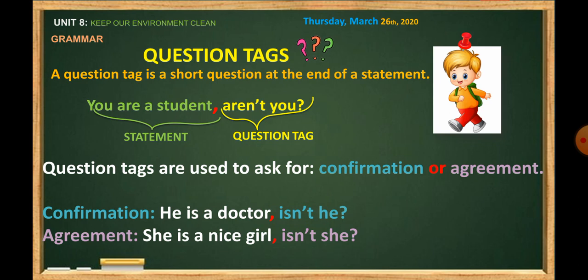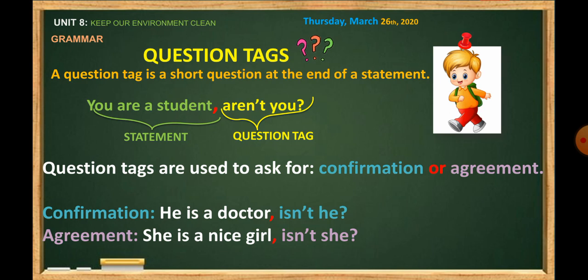That's for confirmation. For agreement, you have this example. She is a nice girl, isn't she? So here we say she is a nice girl. Isn't she? She is a nice girl. This statement, this is my opinion.